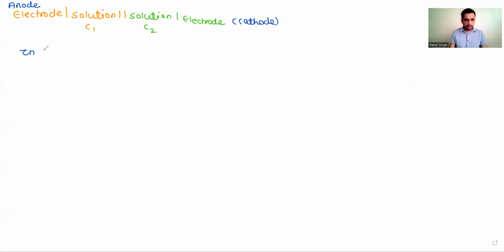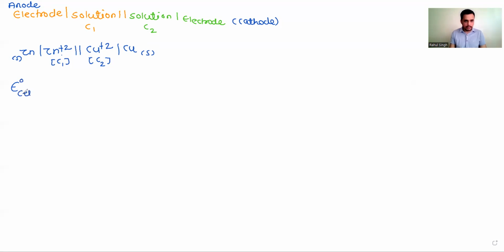So zinc is converted to Zn+2 solution. That was our concentration C1, and then here we have Cu+2, that is our concentration C2, and the electrode was a copper electrode. So this was a solid, this was also solid. Both ions are in the aqueous state. And for this, E naught cell is the standard value we get over here.